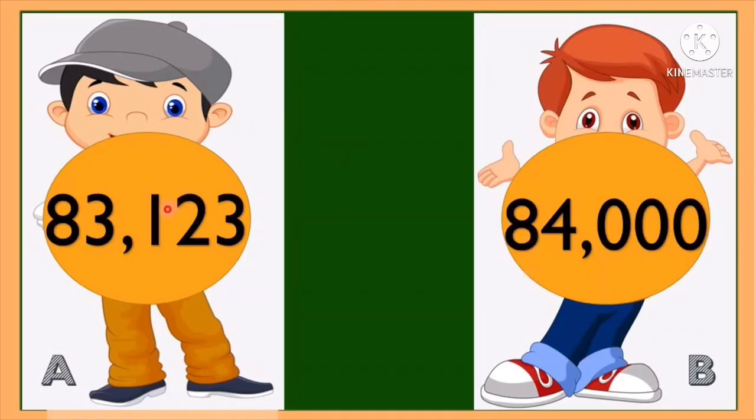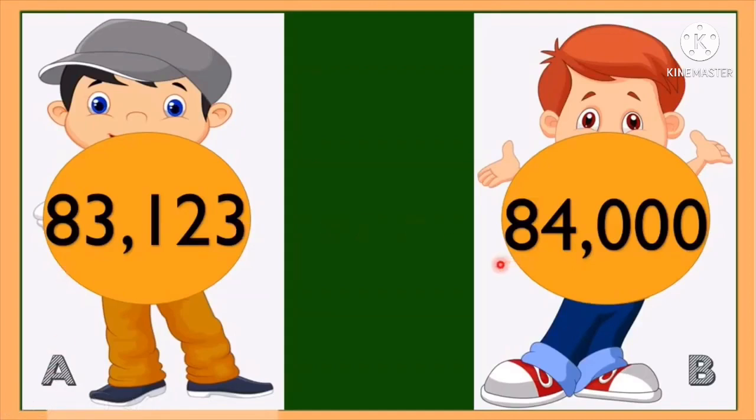Now, our greatest place value here is, let's see, ones, tens, hundreds, thousands, 10,000s. So the greatest place value is 10,000s place, right?